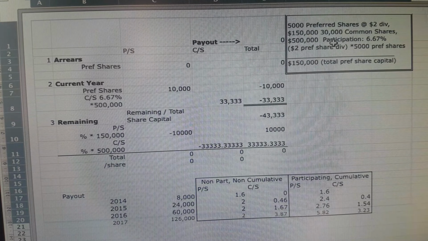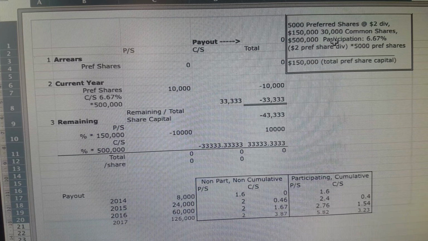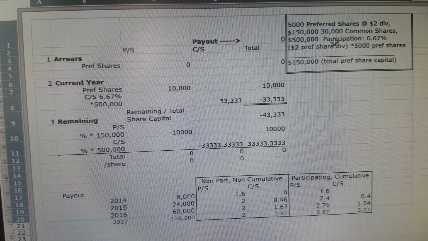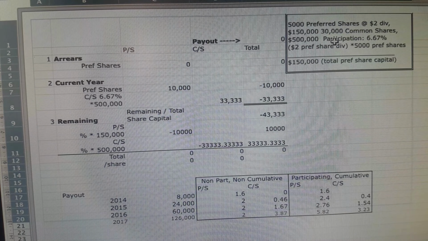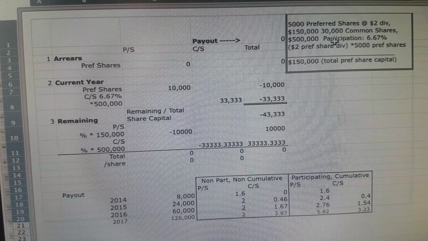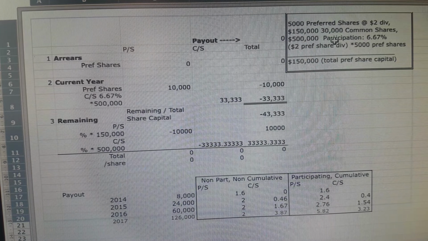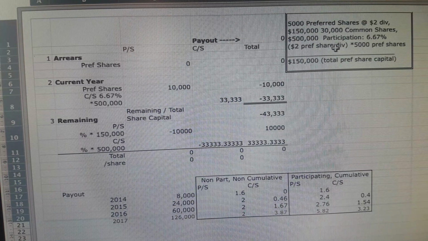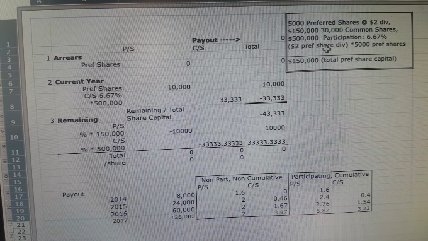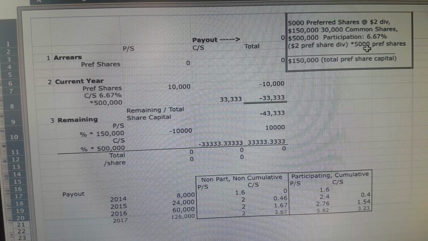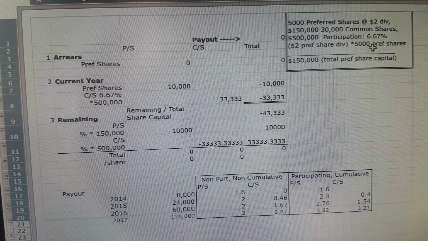I calculated participation as 6.67. It's actually a much larger percentage, and you can use that percentage if you do this by spreadsheet as well. Just use the full percentage and it'll give you a more accurate reading, or at least I found that. That percentage is calculated by taking the $2 preferred share dividend times 5,000 preferred shares.